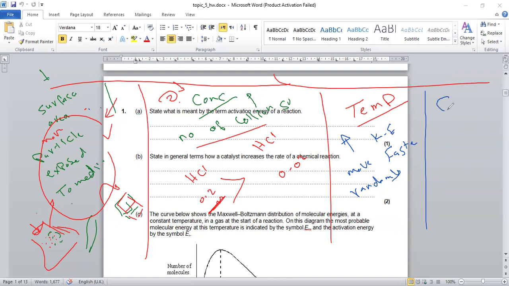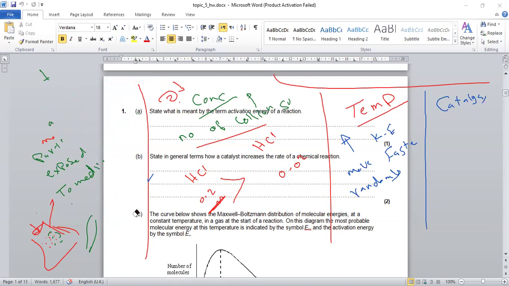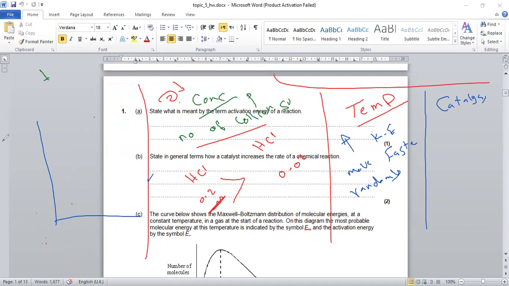And the last one here is the catalyst, which this question is talking about. Do you know the activation energy we defined before? Activation energy is the minimum amount of energy needed by the reactants to start the reaction. When the activation energy increases, when the reactants need more energy to be activated, the rate of reaction is slower.